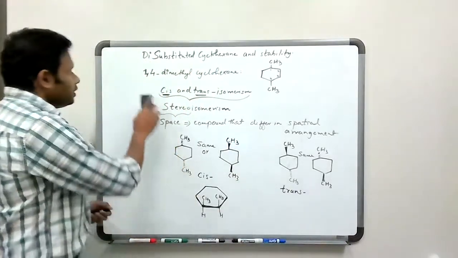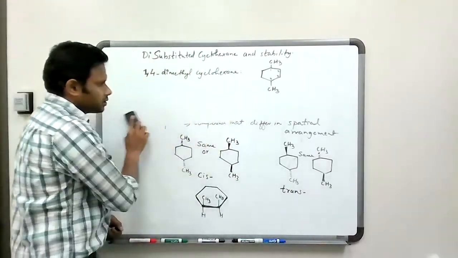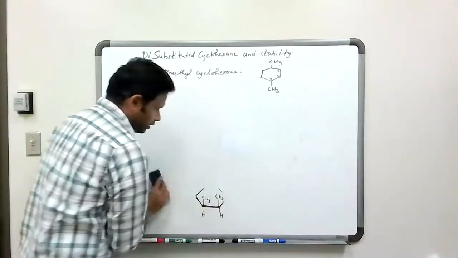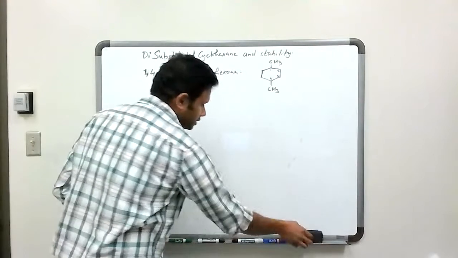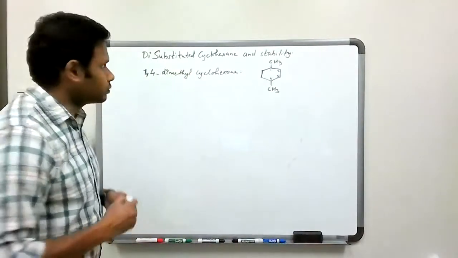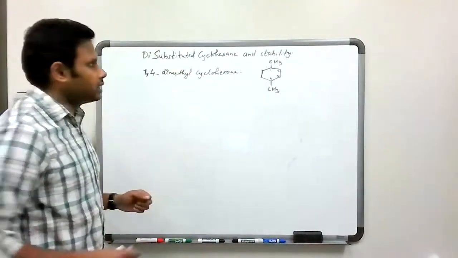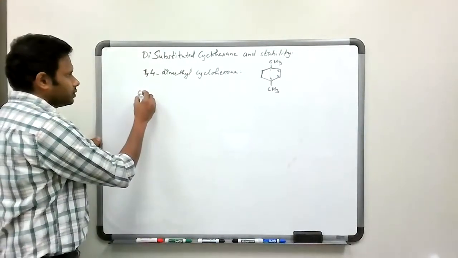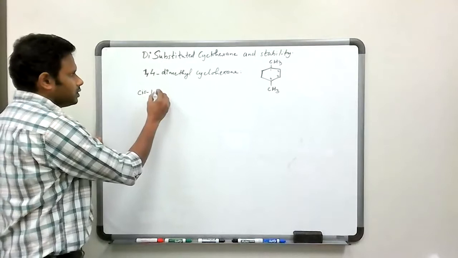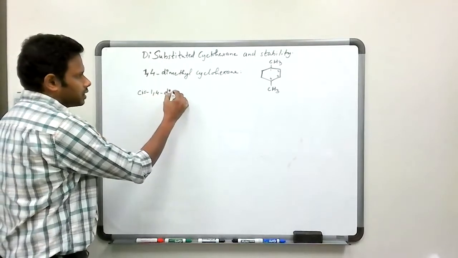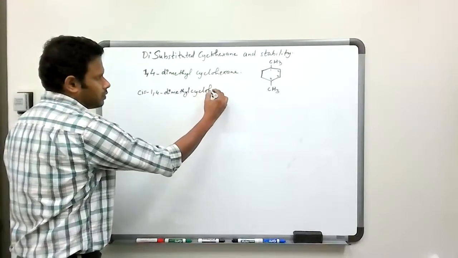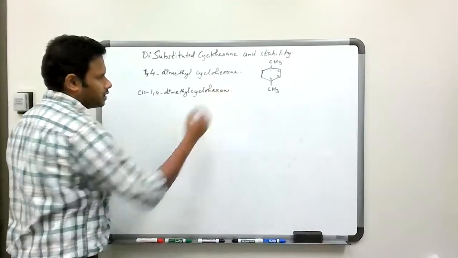Now, in the particular case of 1,4-dimethyl cyclohexane, we will consider both cis and trans isomers when we are doing our analysis of cyclohexanes. Okay, so let's start first with the cis 1,4-dimethyl cyclohexane.